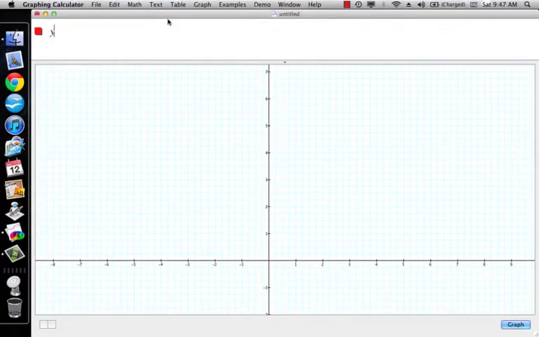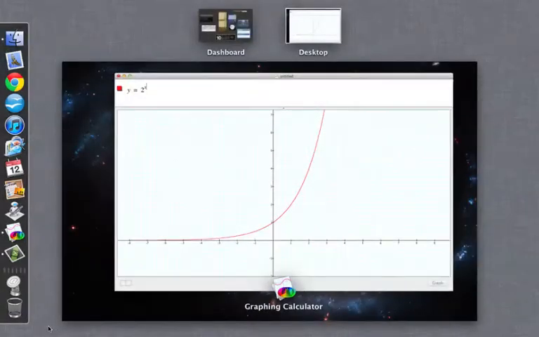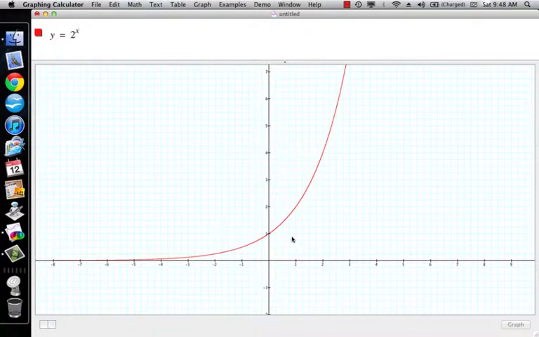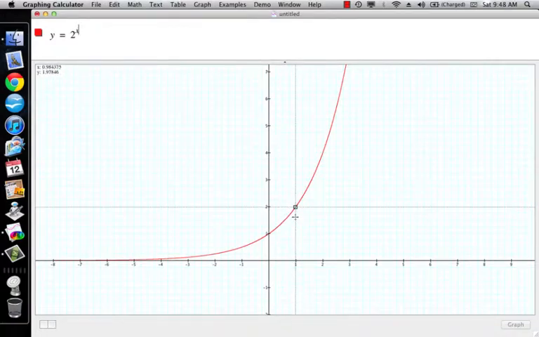Okay, another way of thinking about e. Let's look at y equals 2 to the x. I'm going to graph y equals 2 to the x, and I'm going to do our slope thing. So I'm just going to click on a point, and I got the point 1, 2.